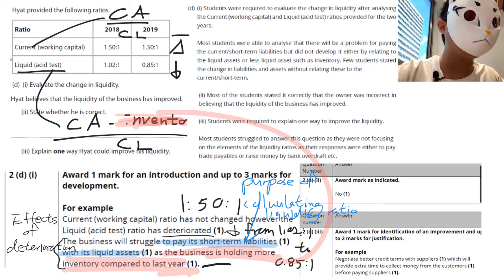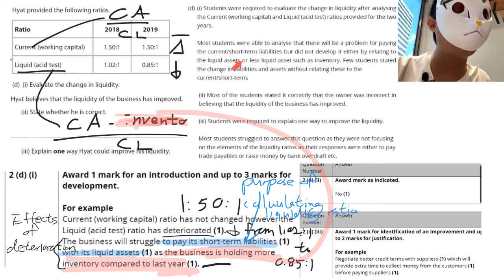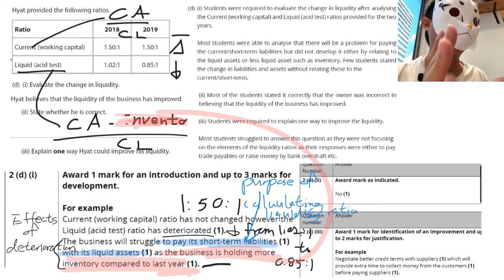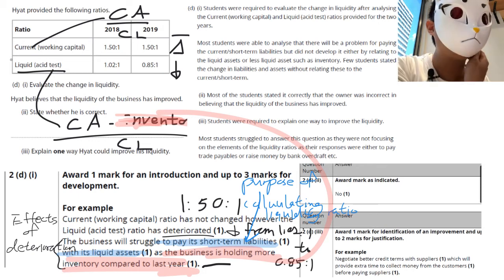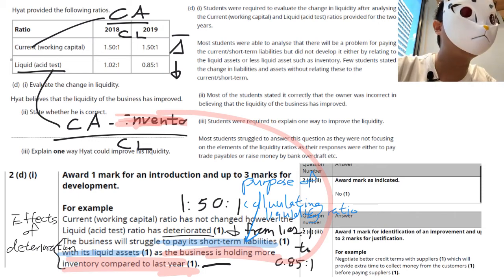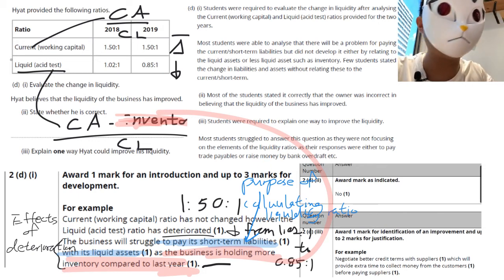Now, the exam report talks about that. When students evaluate changes, they know that both current ratio and liquid ratio are used for measuring the ability of the company to meet their obligations. However, let me mark it down.